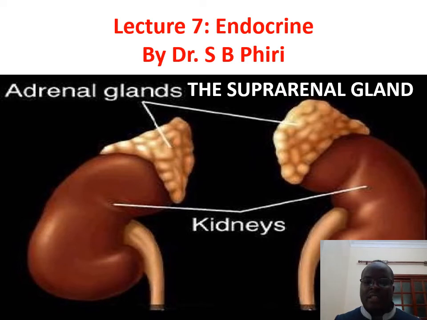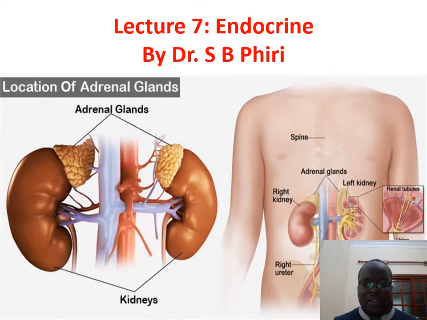Like I said, the adrenal glands are also referred to as suprarenal glands because they are on top of the kidneys. You can see from this diagram here that the adrenal glands are actually on top of the two kidneys.